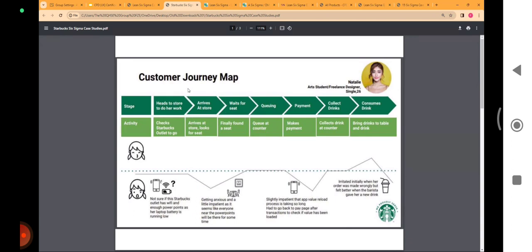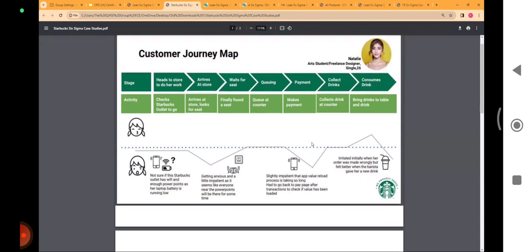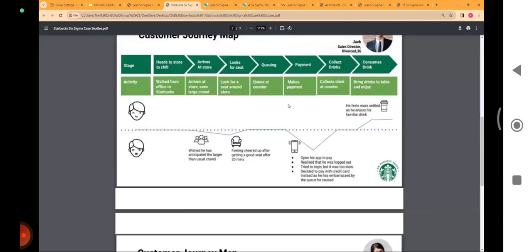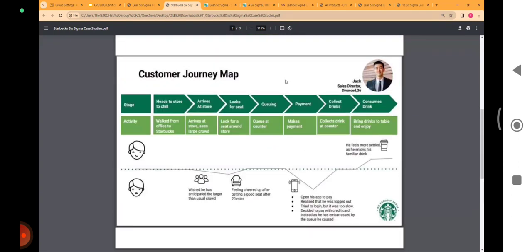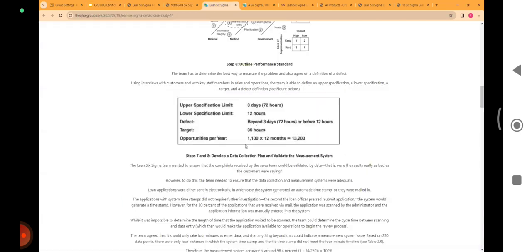So I'm going to measure the number of people who come into the shop and also the number of people who get seats or not. If I'm doing my measurement on payments, I'm going to start collecting data on the number of payments attempted and also the number of payments which have been declined. Basically, you have to start data collection on the inputs and also on the outputs of those steps which have historically caused issues in the process. So that is what they did here.